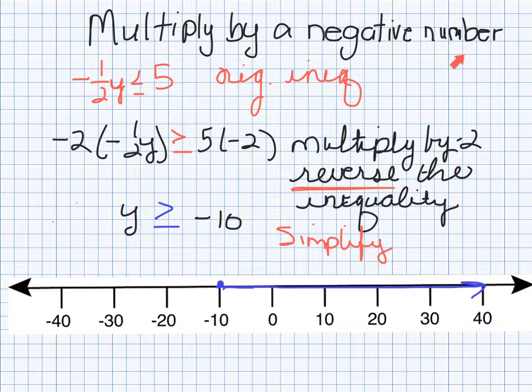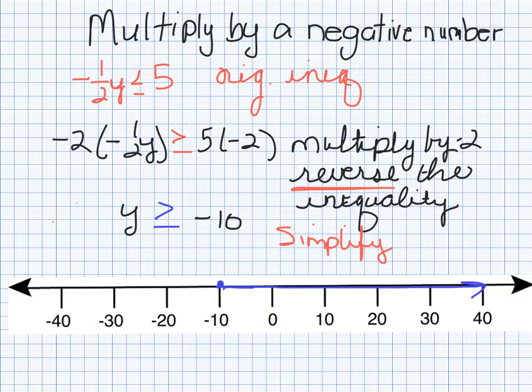So to multiply by a negative number, let's say the original inequality is negative 1/2 y is less than or equal to 5. Then we have to multiply by negative 2, and then we're going to reverse the inequality. So negative 2 times negative 1/2 y is going to be greater than or equal to 5 times negative 2.